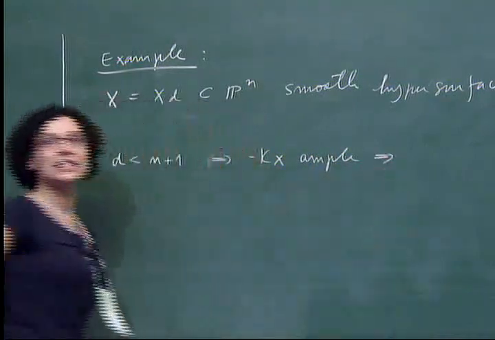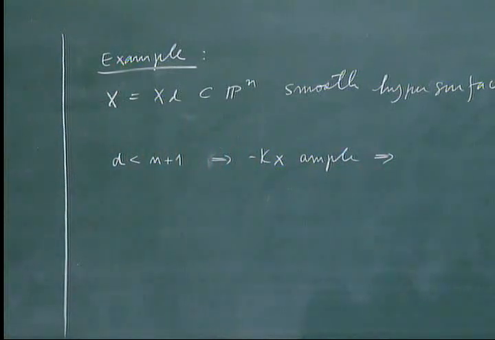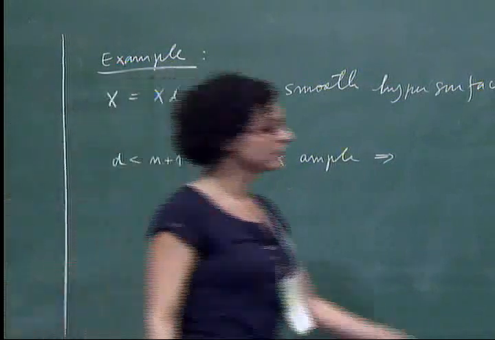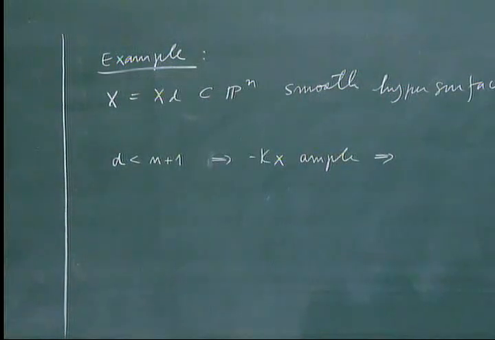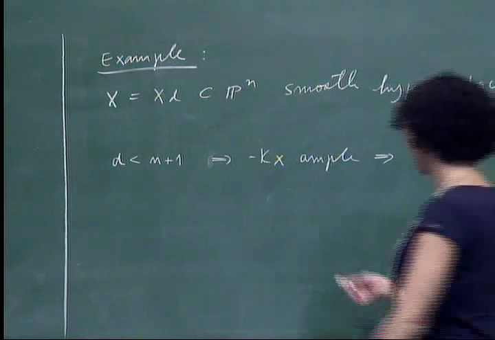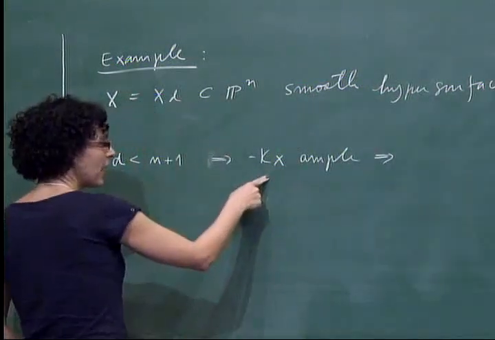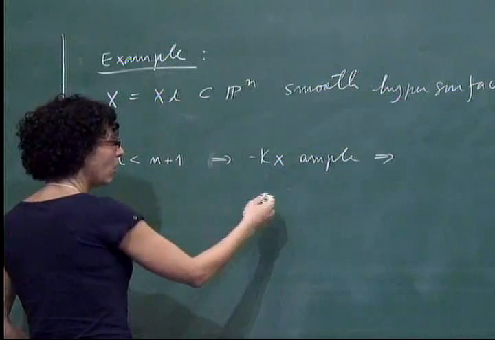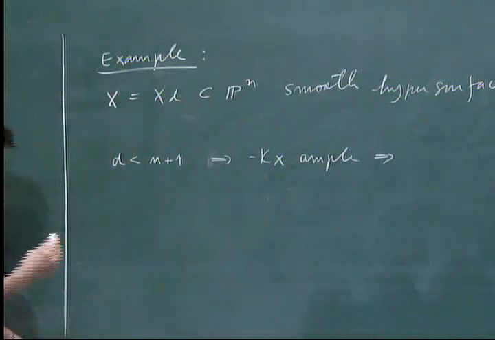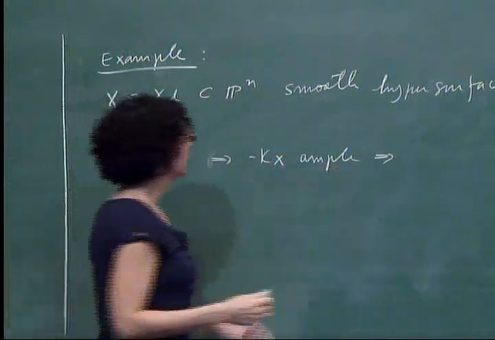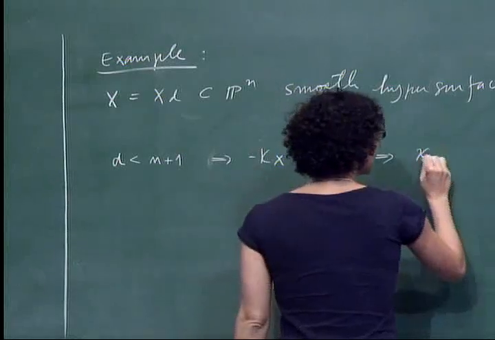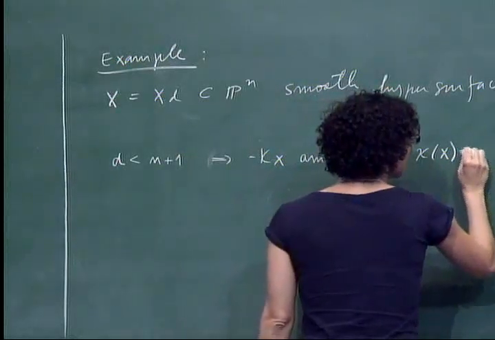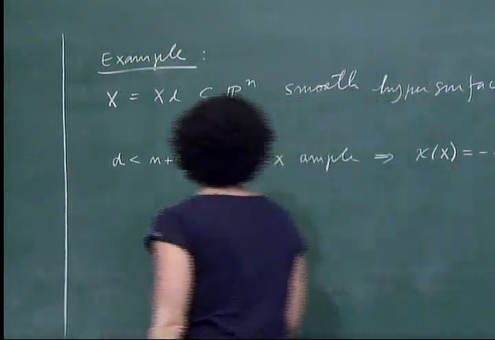Now, if the anticanonical is ample, then this set gamma is necessarily 0. We cannot have an ample divisor whose negative is effective. So this ample implies that the Kodaira dimension of X is minus infinity.